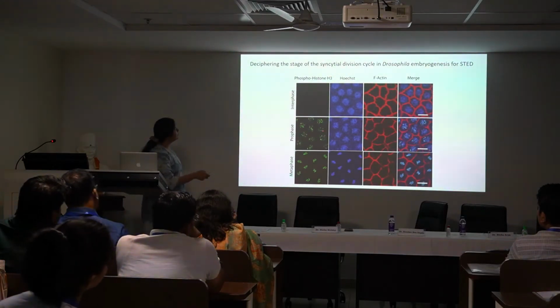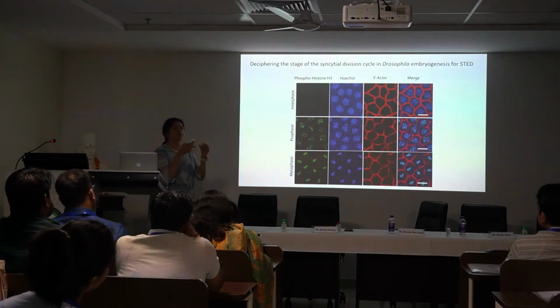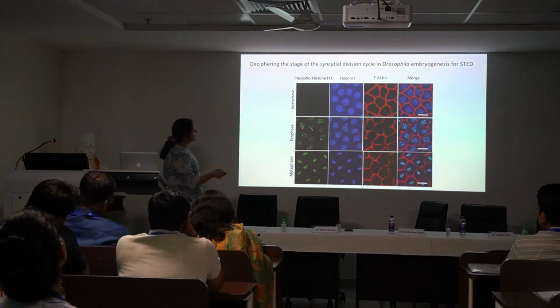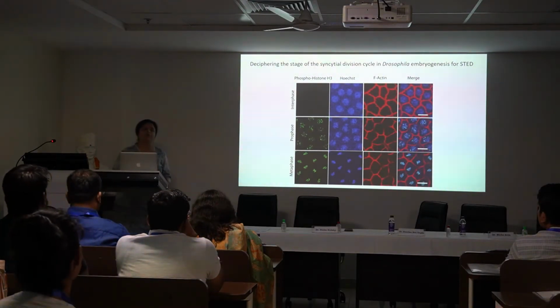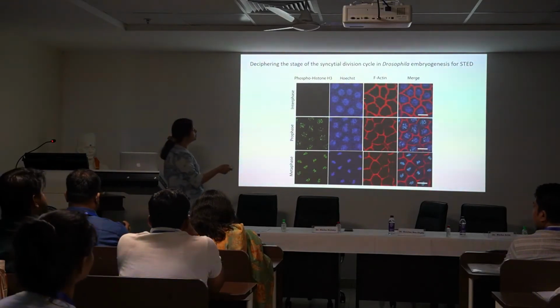It starts labeling the nuclei in prophase, and you can see that in metaphase it labels the chromosomes beautifully. The chromosomes are present at the metaphase state. So it not only allows for labeling of the DNA, but also allows us to decipher the stage of the syncytial division cycle in these particular embryos.